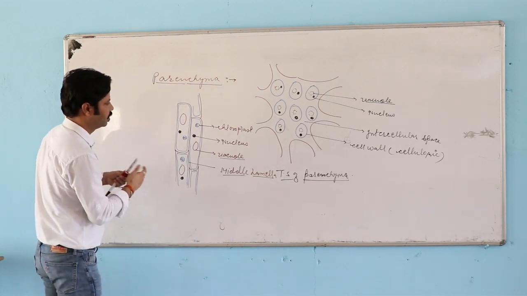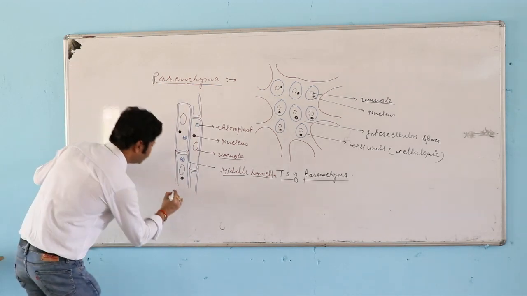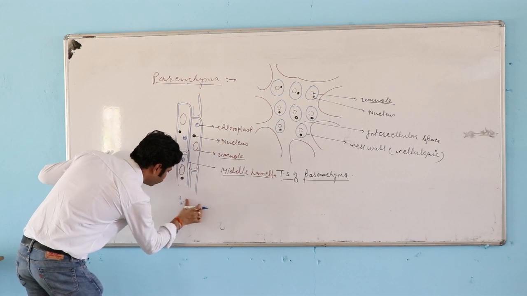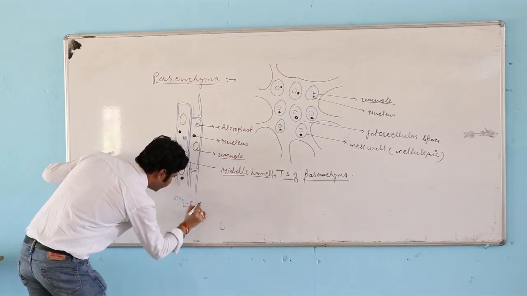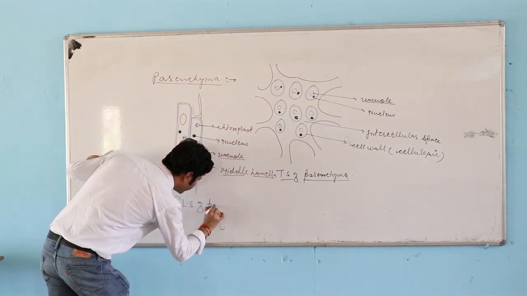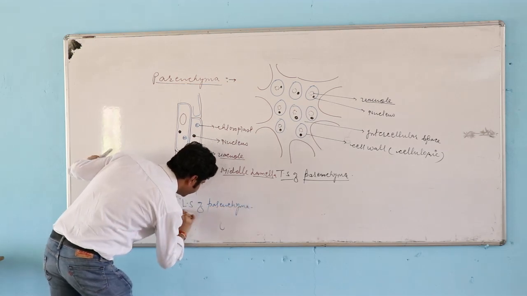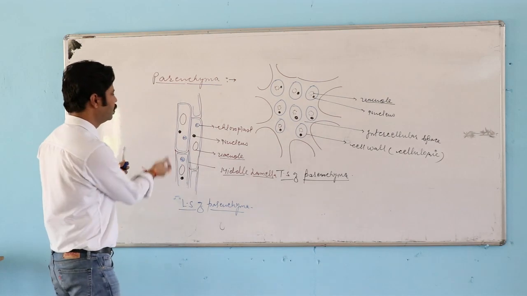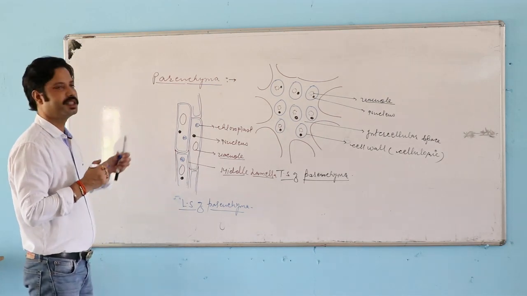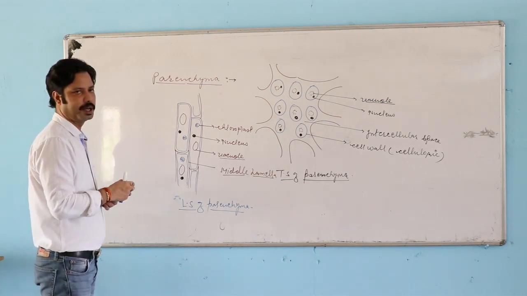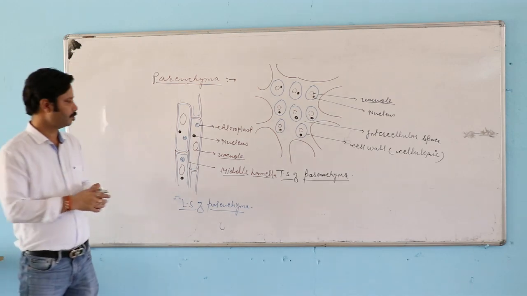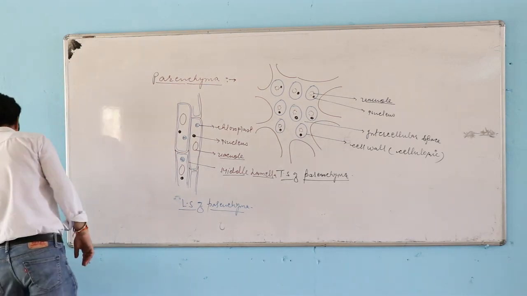It is the LS of parenchyma. So basically parenchyma looks like this. It is the structure of parenchyma.